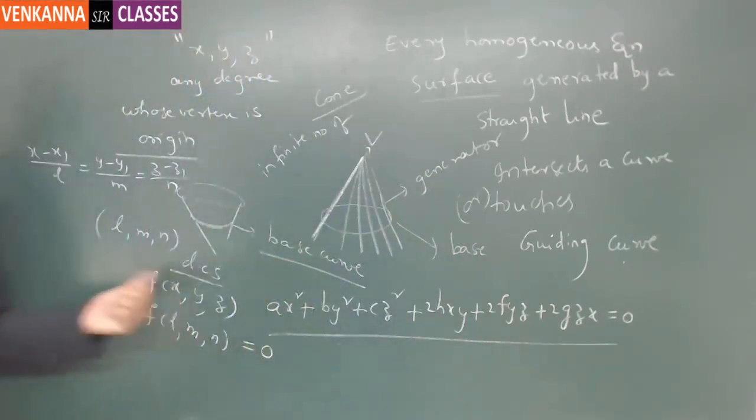Okay, so please take a note of this. The DCs of the generator must satisfy the cone equation. Clear?